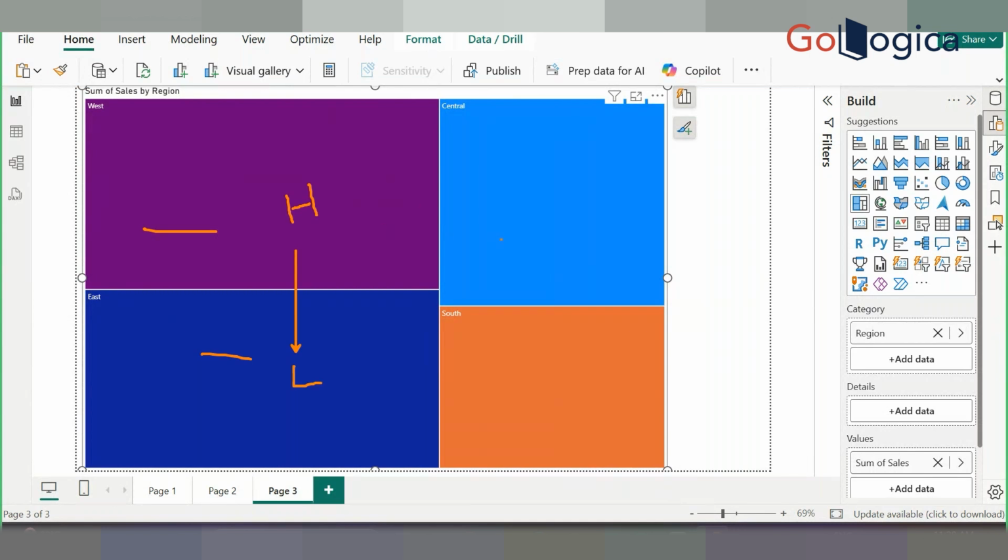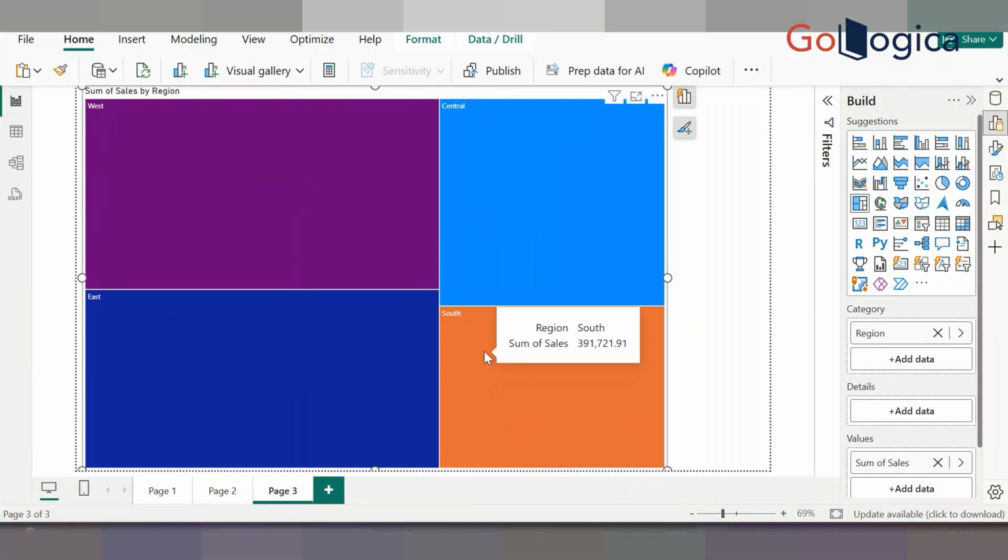If you're comparing left and right, the left-hand side is the high sales value, the right-hand side is the low sales value. On that basis, the West region has not only done high sales, it has done the highest sales compared to the others, then the East, then the Central and the South.